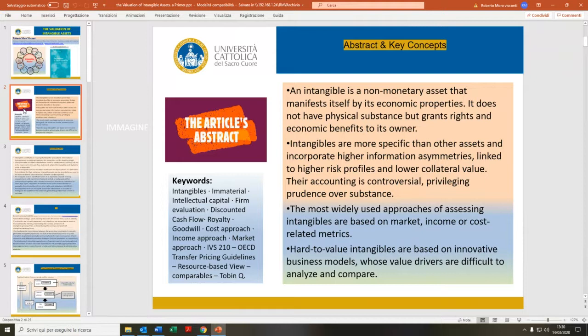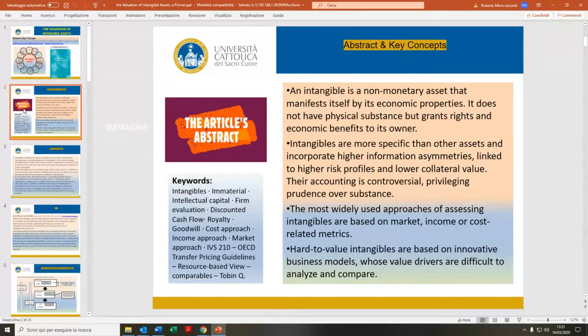In most cases, these kinds of costs are not going to be recorded in the balance sheet, not capitalized, but just recorded in the income statement. And this is good for prudential reasons, but this is also not so good when I have to evaluate this kind of intangible and I'm looking for clues inside the balance sheet.